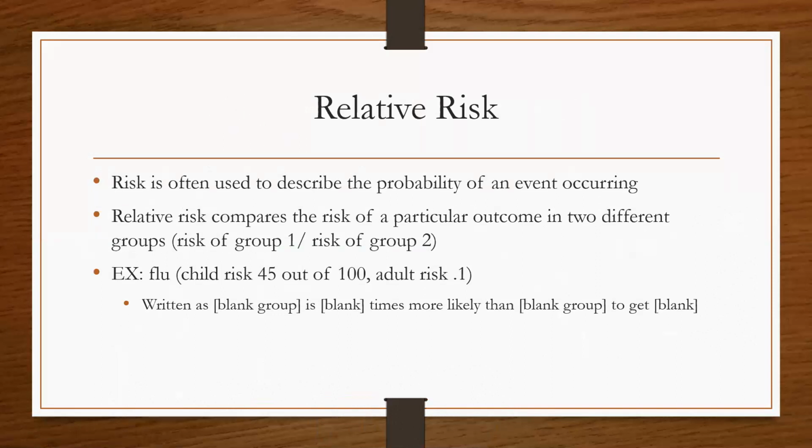Let's say that the risk of a child getting the flu is 45 out of 100, and the adult risk is 0.1. So children are 0.45 divided by 0.1. So it's 4.5 times more likely than adults to get the flu. That's relative risk for you.